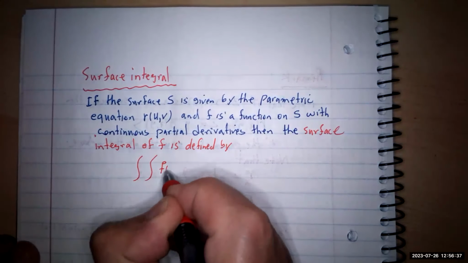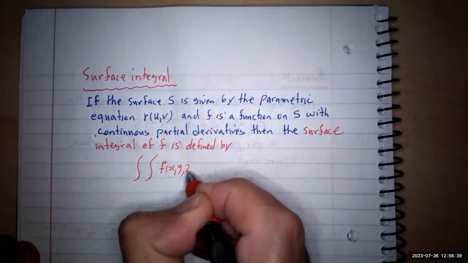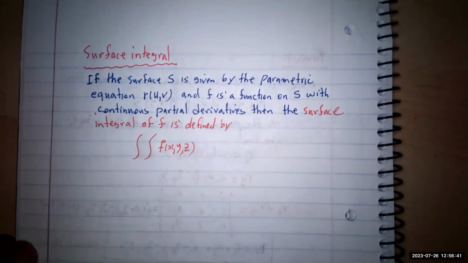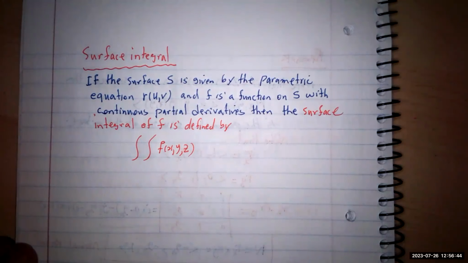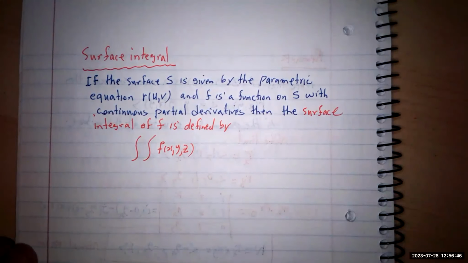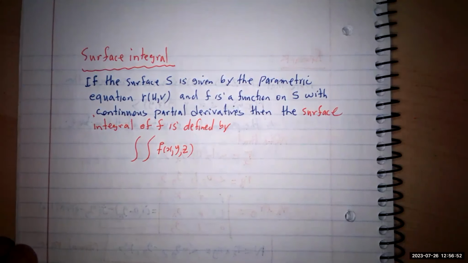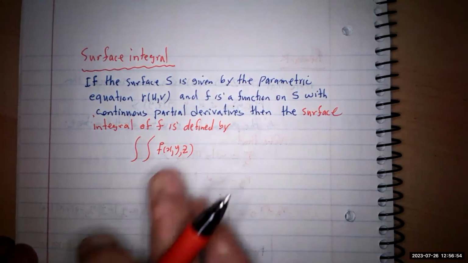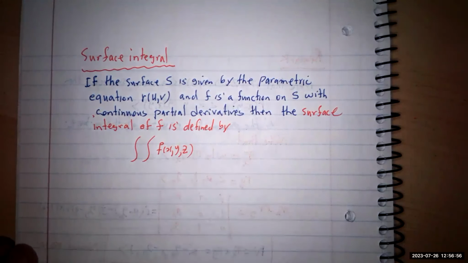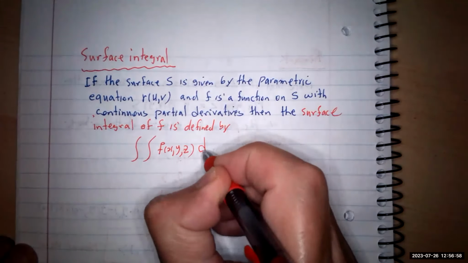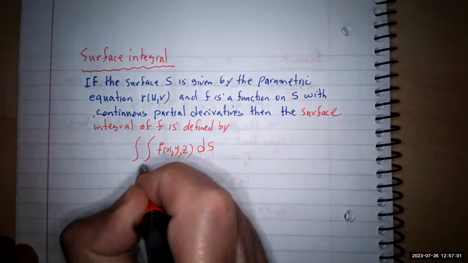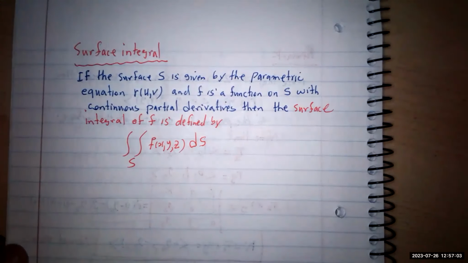The function is a function of three variables, X, Y, Z, but it's scalar valued. So it's a function of three variables, but the range is numbers. Later on, we change it to vector fields. You need to do a little bit of modification. So that would be dS. These are all uppercase S, the surface.